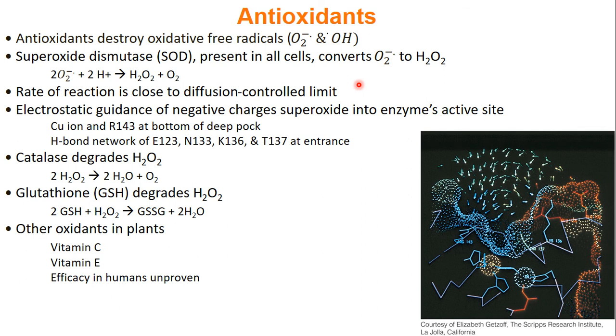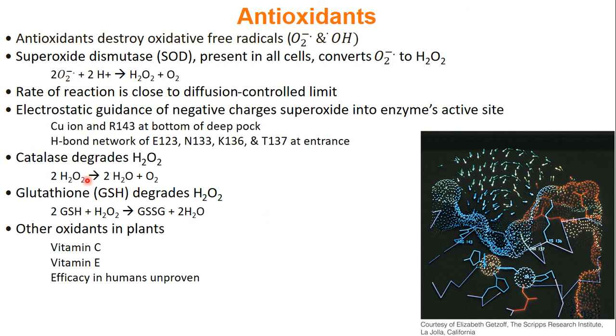That is, the slowest step of this reaction is just the substrate coming to the enzyme. One of the reasons why this is so fast is because you actually have electricity helping guide your free radical to the active site. You guide this to the active site, and on the bottom you have a copper and an arginine. And you have a bunch of hydrogen bonds of glutamic acid, asparagine, lysine, and threonine at the entrance that are just guiding it to our copper and our arginine right here.